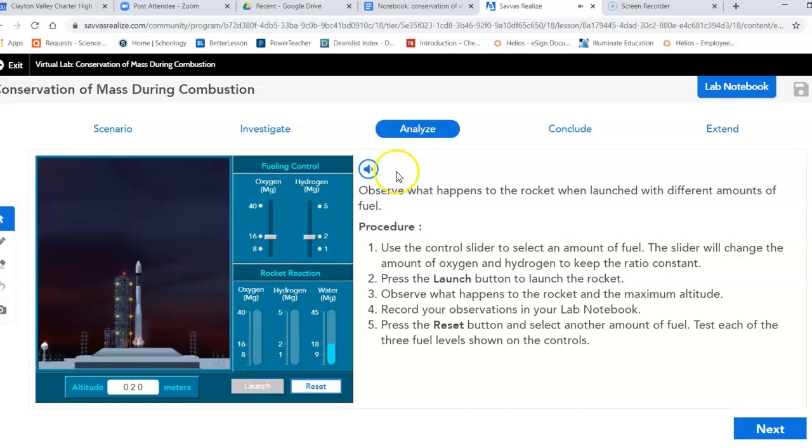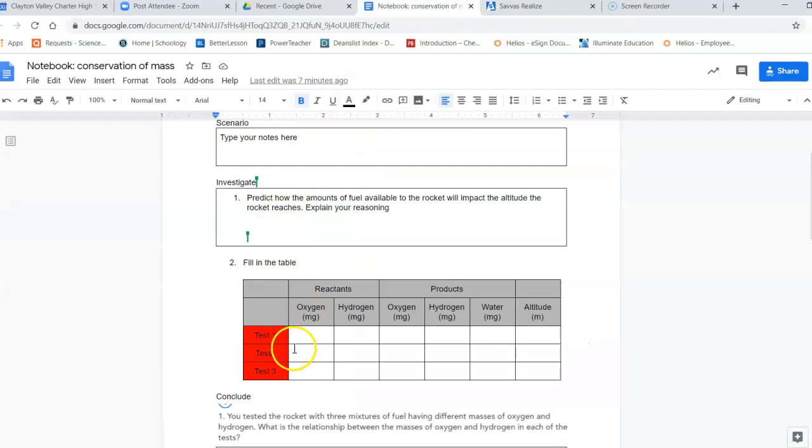Things that you need to make sure that you have collected: the amount of oxygen, the amount of hydrogen, the amount of water, and how high you went. The place where you collect this data is here: amount of oxygen and hydrogen, if there was any of those present as a product, water, and how high you went.